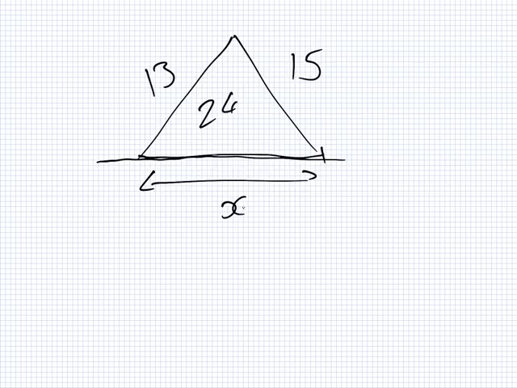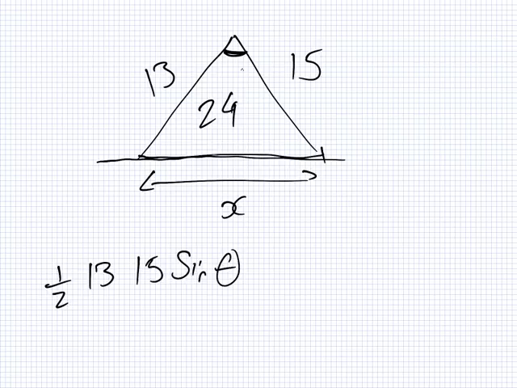So what formulas could I use? Well, I could get this angle, because we know a half 13, 15 sine theta equals the area, which I tell you is 24. So 24 times 2 divided by 13 divided by 15, sine inverse.